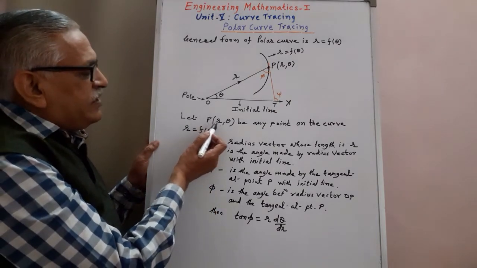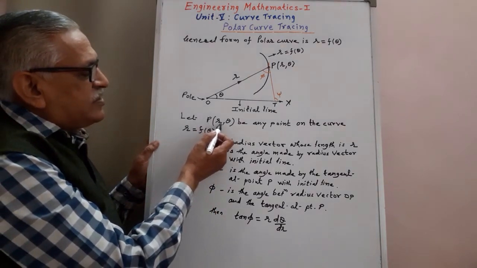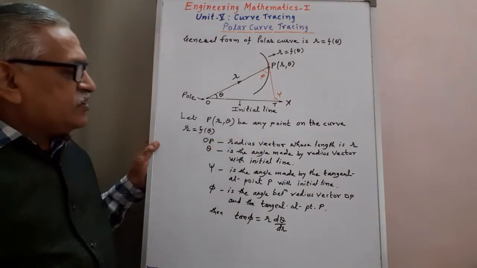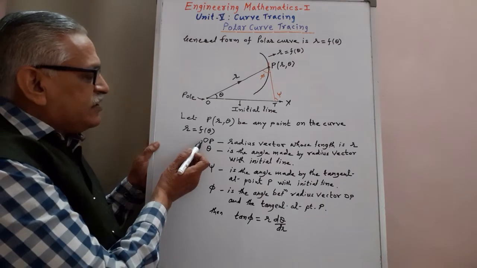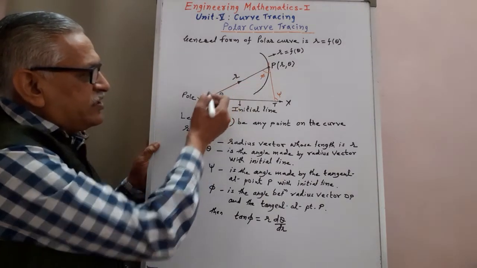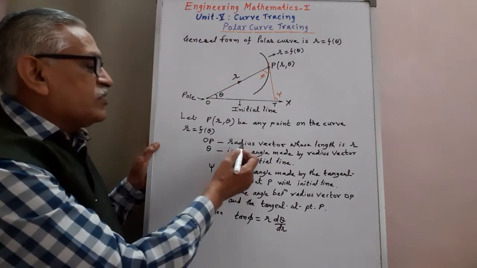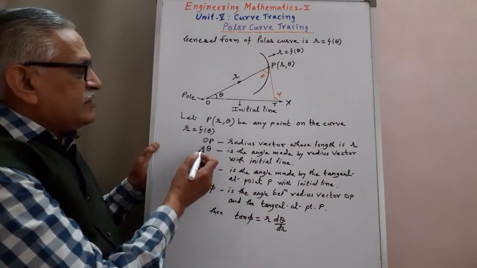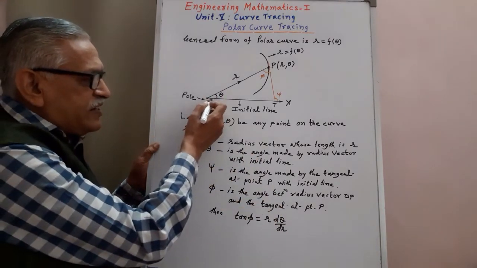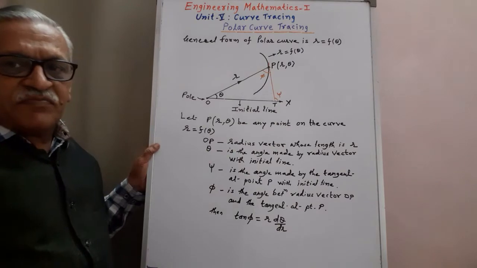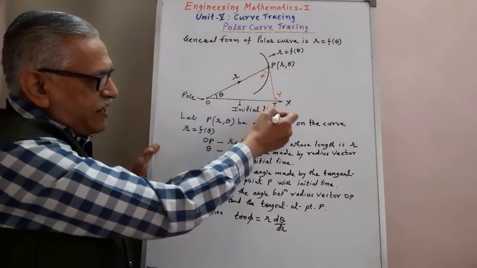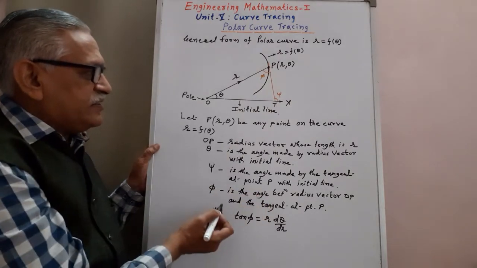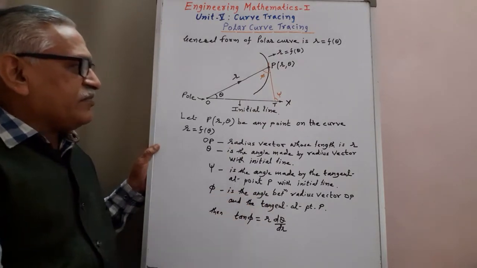Let P with the coordinates r, theta be any point on the curve r equals f of theta. Then vector OP is called the radius vector, whose length is r. Theta is the angle made by that radius vector with the initial line, and psi is the angle made by the tangent with the initial line.